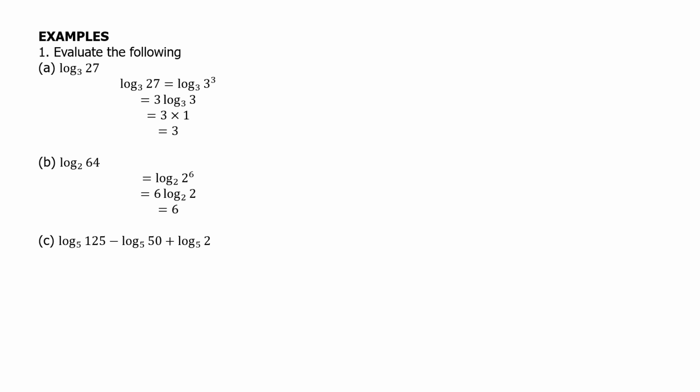When we go to part C, we have log of 125 base 5 minus log of 50 base 5 plus log of 2 base 5. Now, since the bases are the same, we are going to write the whole expression as a single logarithm.